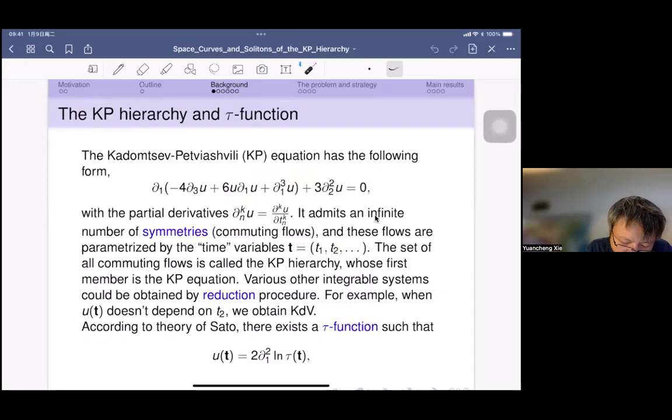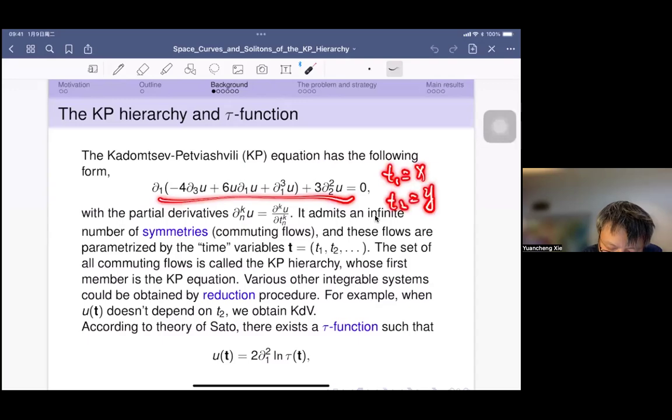So u depends on t, where t is a set of time variables t1, t2, t3, etc. In this equation, if we set t1 equals x, t2 equals y, and t3 equals t, then this is the classical KP equation.